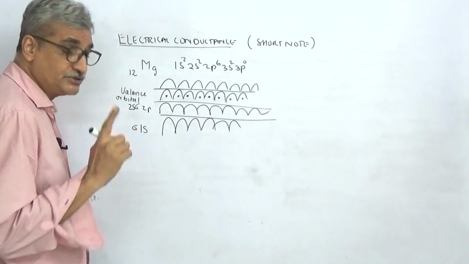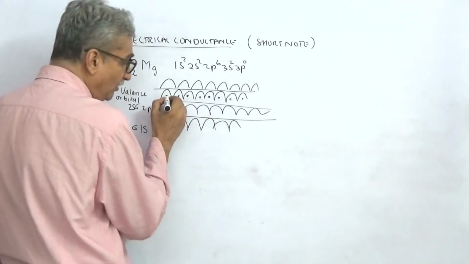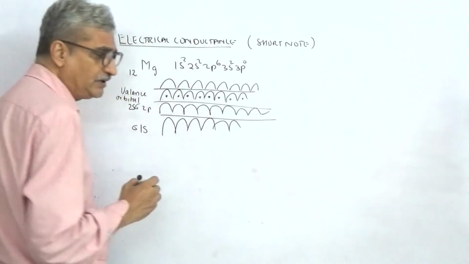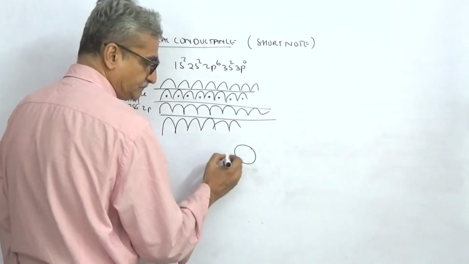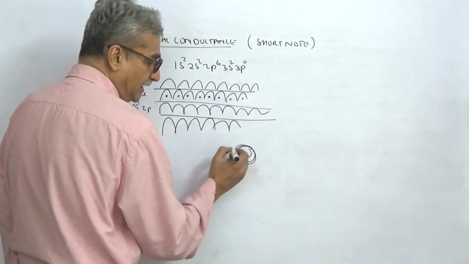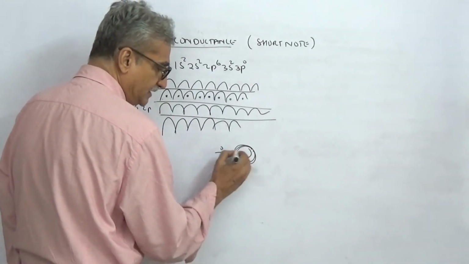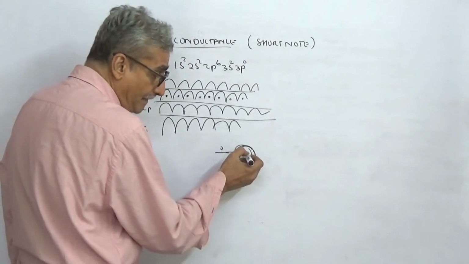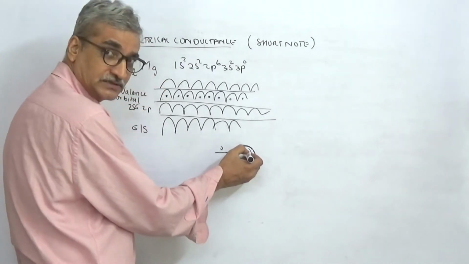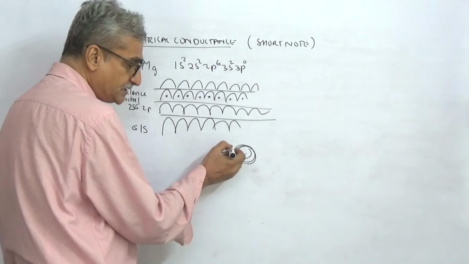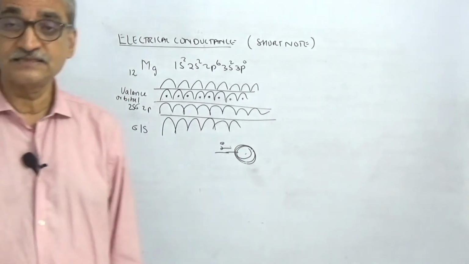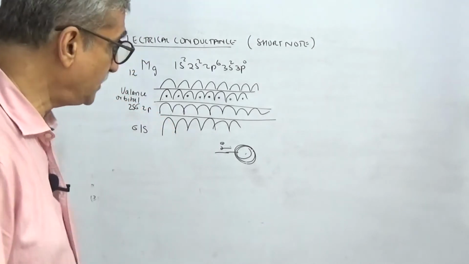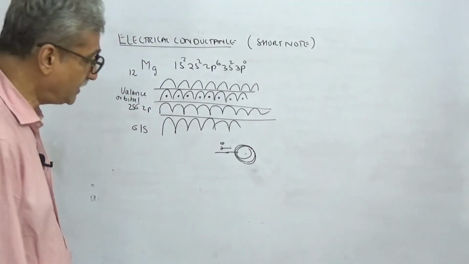Now here what happens, you should understand. The electrons are not just moving like this. It will not be able to move. Why? Because if this is the metal atom, and the electron is going to move just like this, the metal cation is going to offer resistance to the electron. That is in fact the concept of resistance. Resistance and conductance are inversely proportional. More is the resistance, less is the conductance.